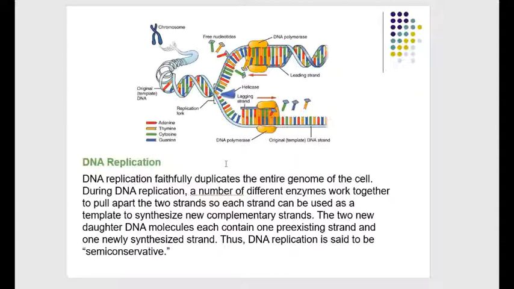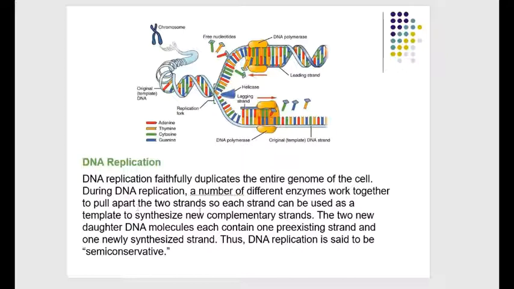And so when you are going to go through that process, you need to do DNA replication. During DNA replication, you are going to duplicate the entire genome of the cell. So every cell in our body contains the entire genome as a complete encyclopedia, okay? We just don't utilize the entire genome depending on what type of cell we have. The only exception to that is the egg and sperm, okay?